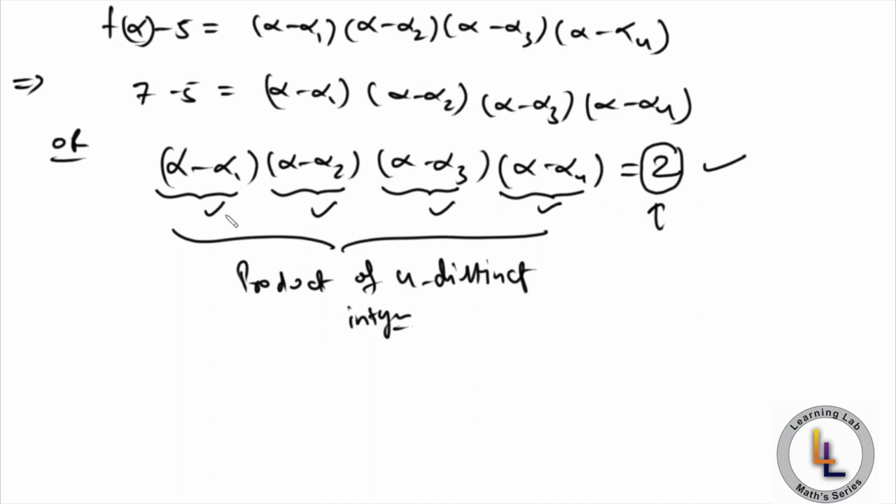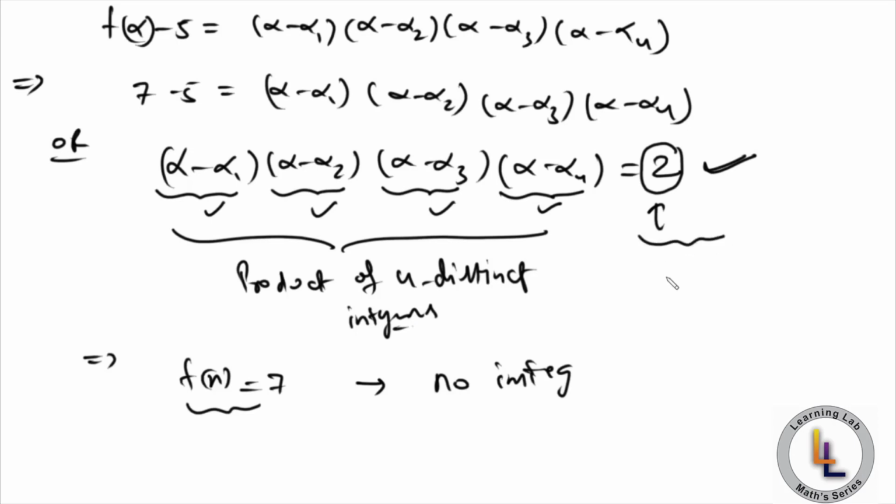That means f(x) = 7 has no integral root, because we assumed alpha is an integral root of it, so this condition must hold, but this is not possible. So clearly f(x) = 7 has no integral roots. This is our answer.